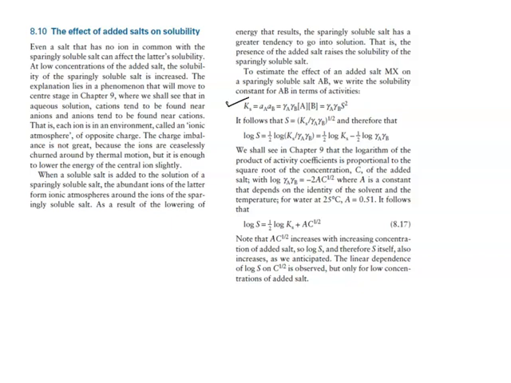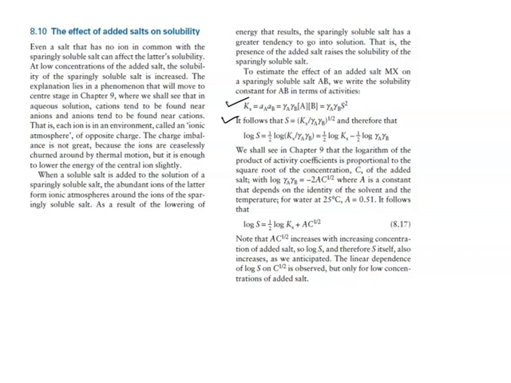It follows that, so what we'll see in Chapter 9 is that the logarithm of the product of the activity coefficients is proportional to the square root of the concentration C of the added salt, with log of gamma A gamma B equals negative 2A square root of C, where A is a constant that depends on the identity of the solvent and the temperature. For water at 25 degrees Celsius, A would be 0.51.